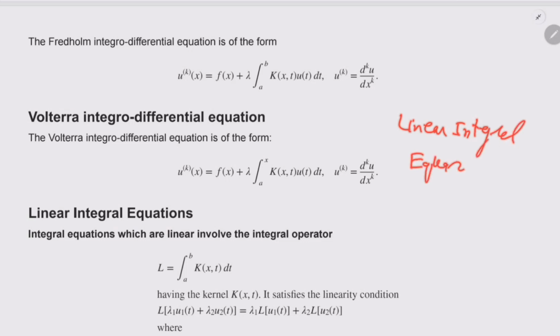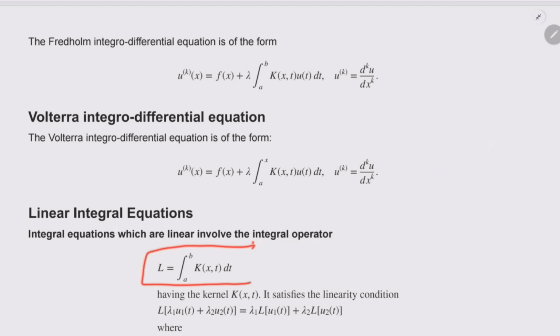In a linear integral equation, the unknown should appear with power 1. That operator is called a linear operator. There can be a non-linear operator as well. So this is a linear operator.